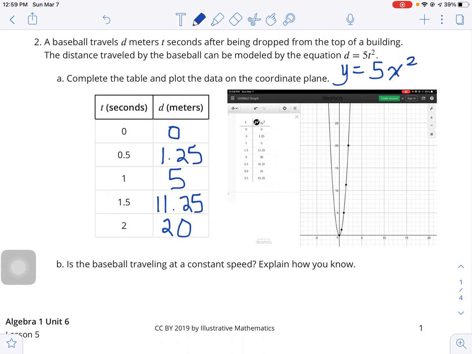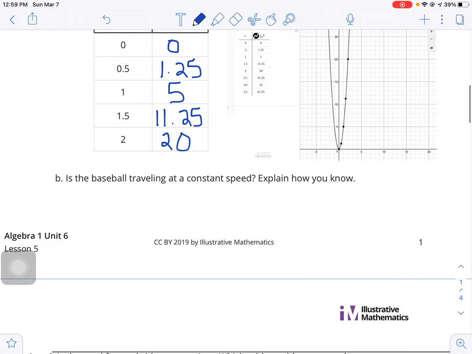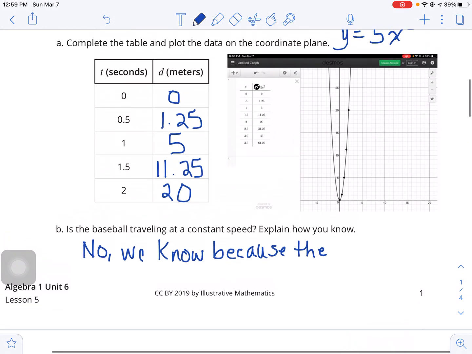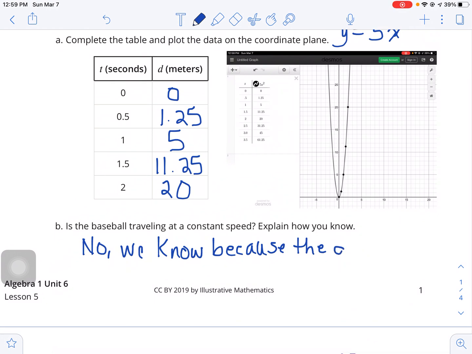So is the baseball traveling at a constant speed? Explain how you know. No, it is not. We know because the distance it's fallen increases at an increasing rate.